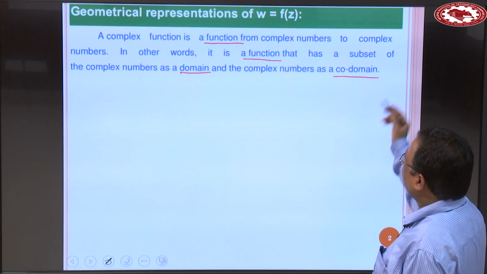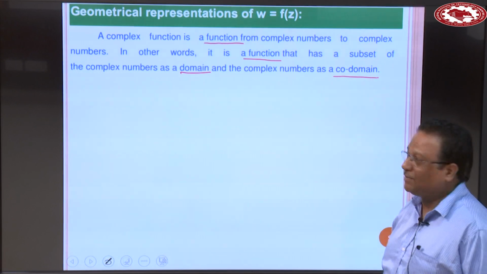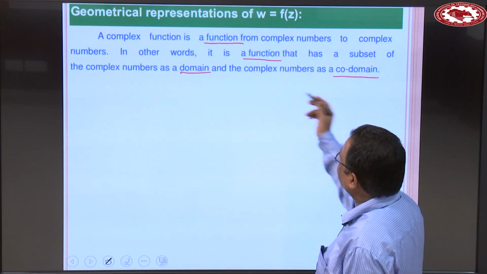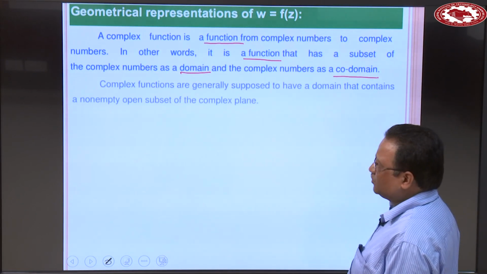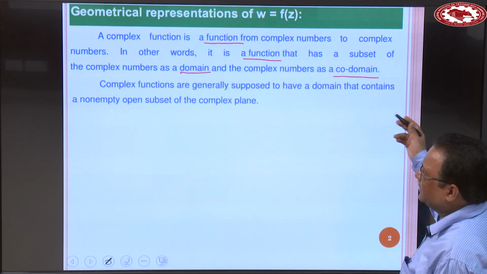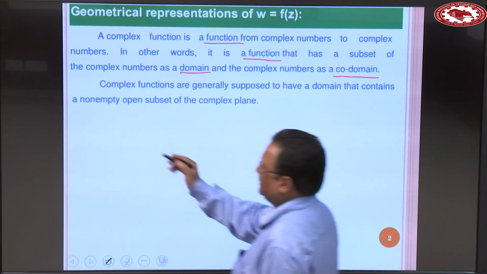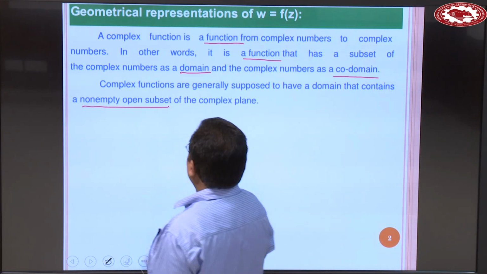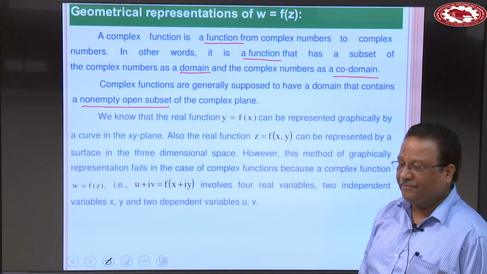Complex functions are generally supposed to have a domain that contains a non-empty subset of the complex plane. Clear?